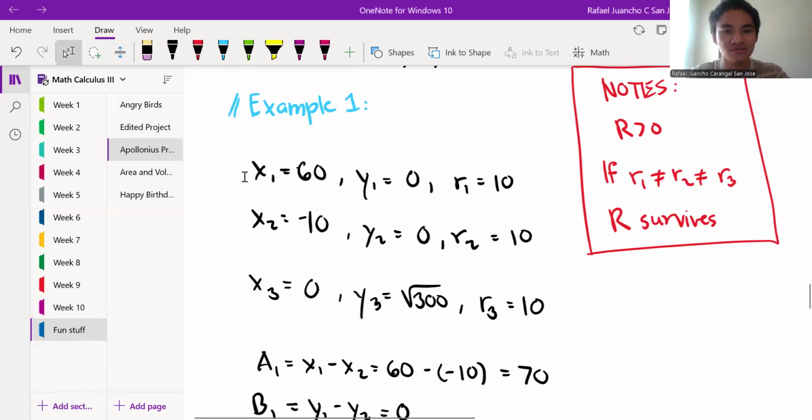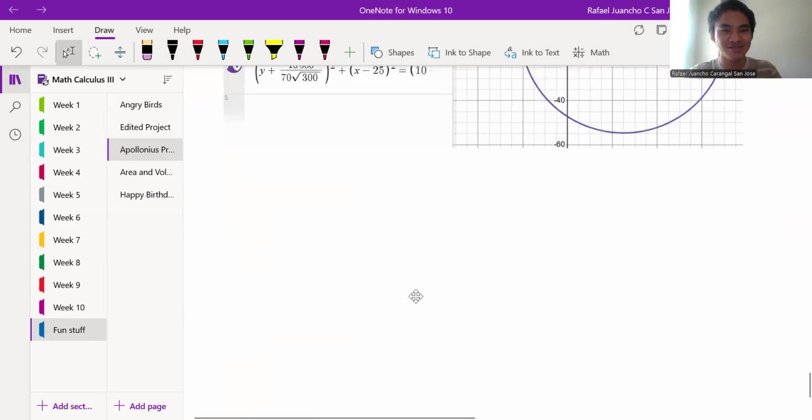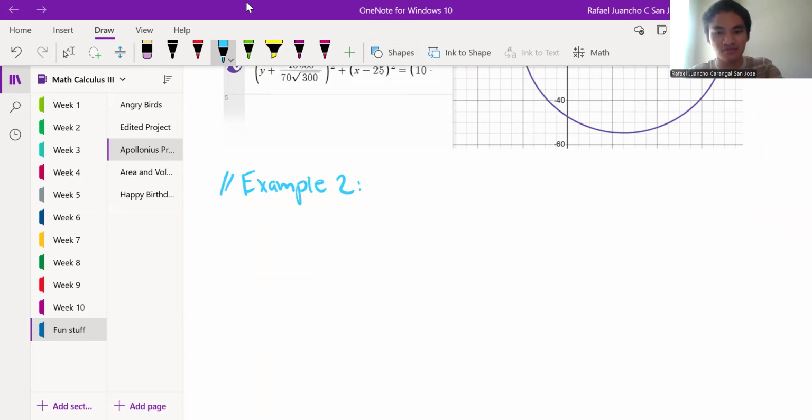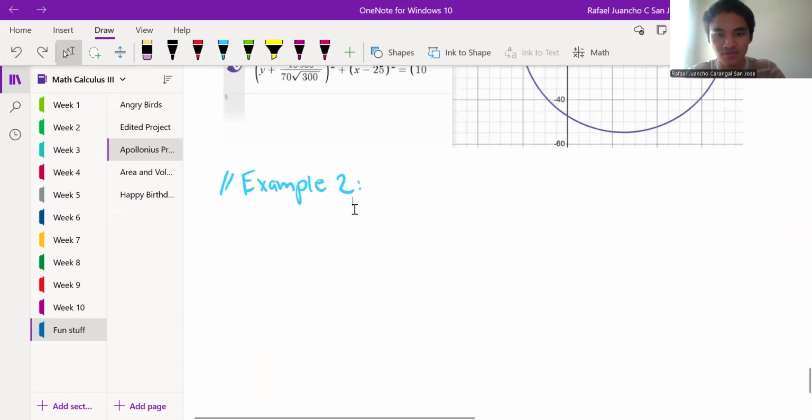Three circles again, but this time they're completely different. There we go, that's better.